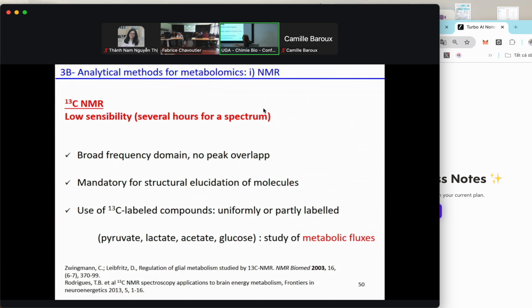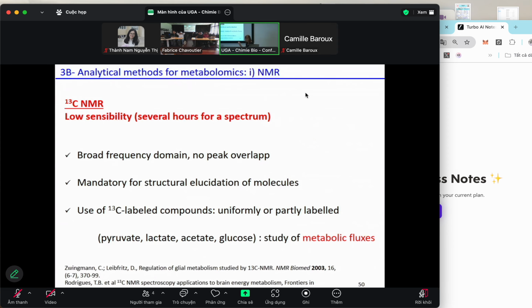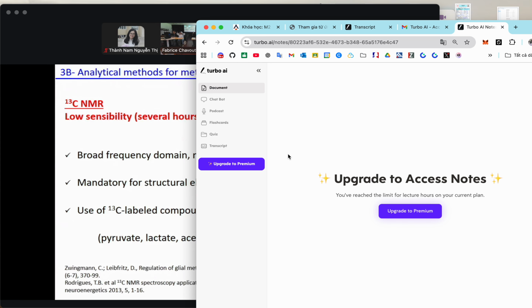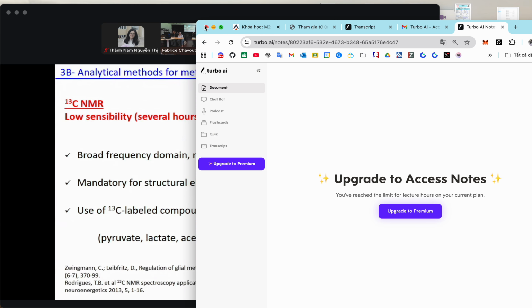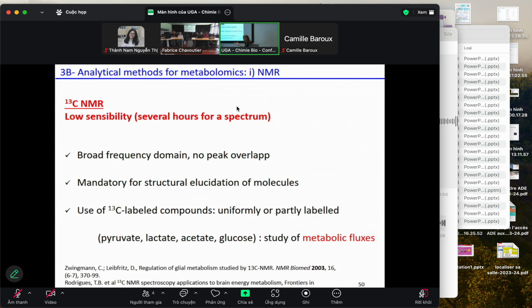After the biochemical reaction, the C13 nucleus, which comes from glucose, will be inserted into other molecules. With this method, you can understand at which point of the Krebs cycle, for example, there is a problem. This is a very, very important part of research: the study of metabolic flux using labeled substrates.